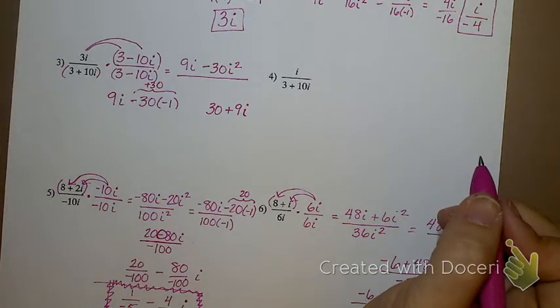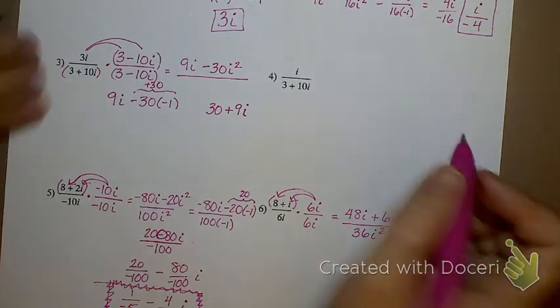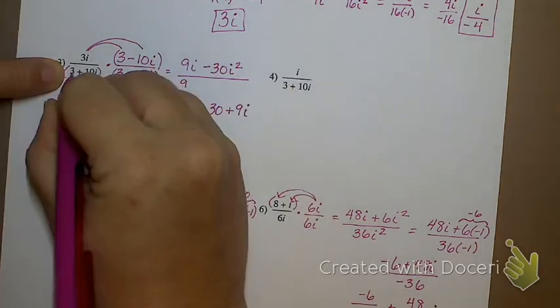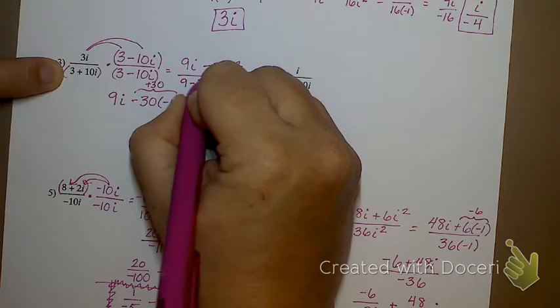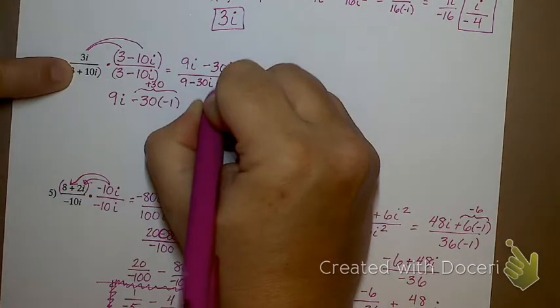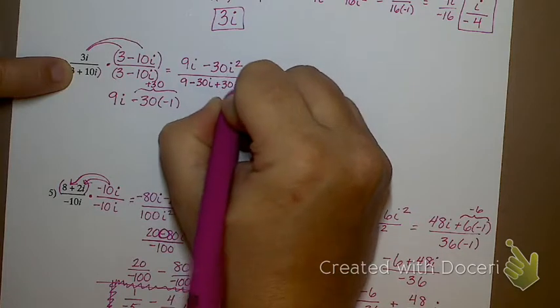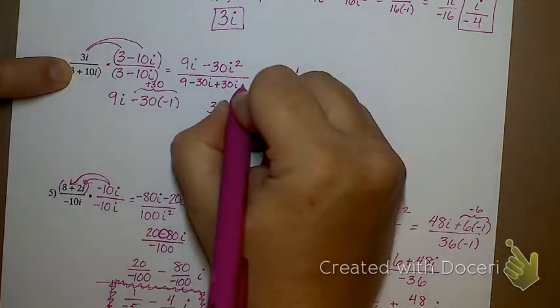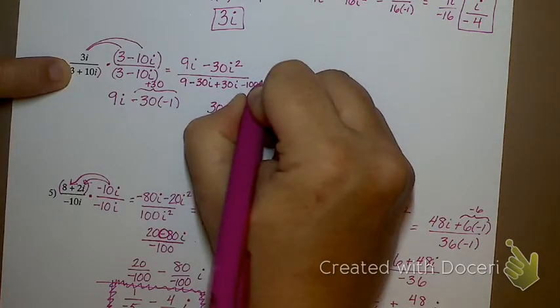Now let's multiply our denominator. 3 times 3 is 9. 3 times negative 10i is negative 30i. Positive 10i times 3 is positive 30i. And positive 10i times negative 10i would be negative 100i squared.